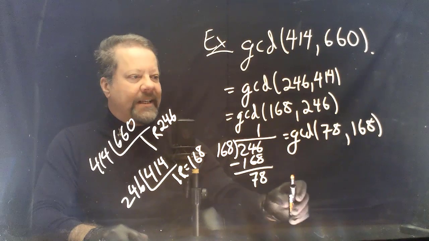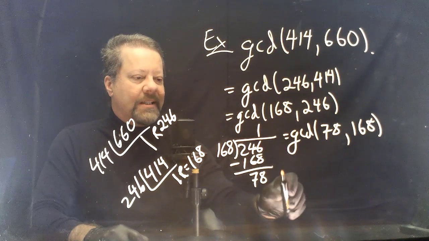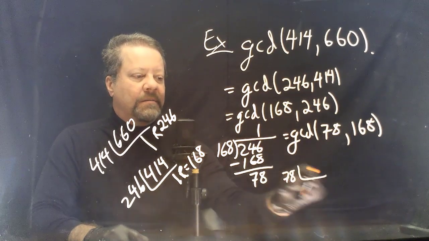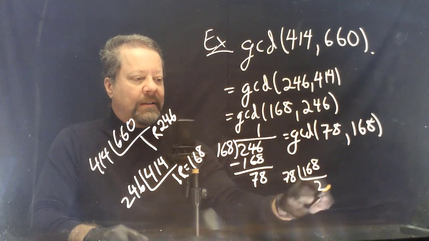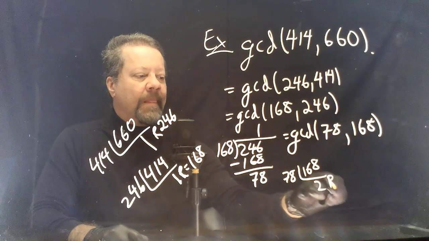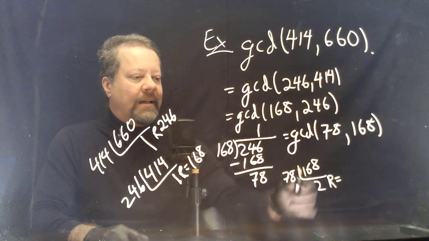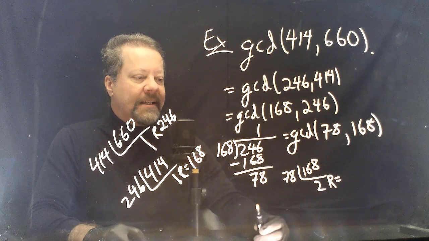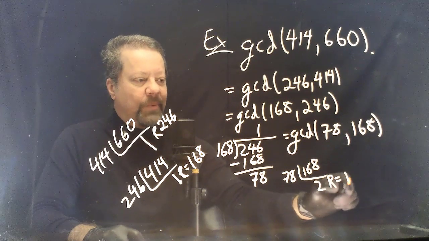So how many times does 78 go into 168? Well, it goes in there twice, 140, 156. 168 minus 156 is going to be 12.